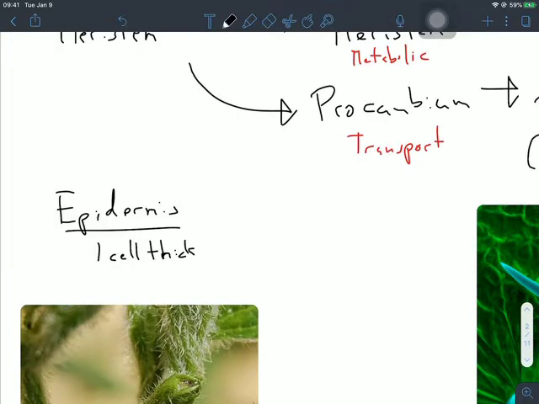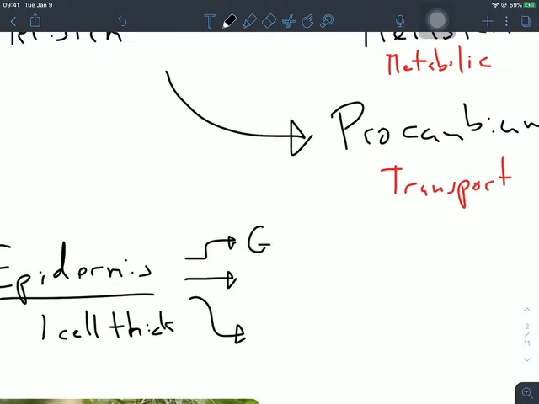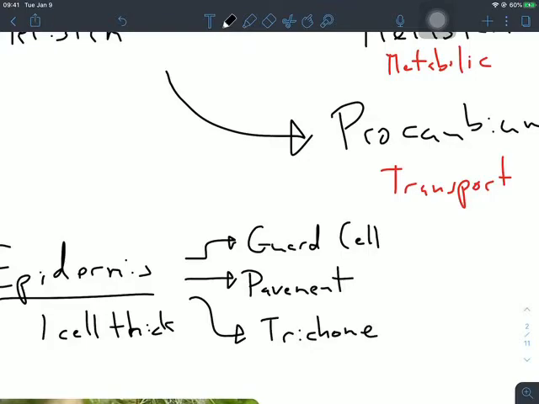The epidermis has, again, 3 basic cell types. We have the guard cells that make up our stomata. We have the pavement cells that make up the outside, generally, of a plant leaf and other tissues. And then we have the hairs on a plant, called trichomes.